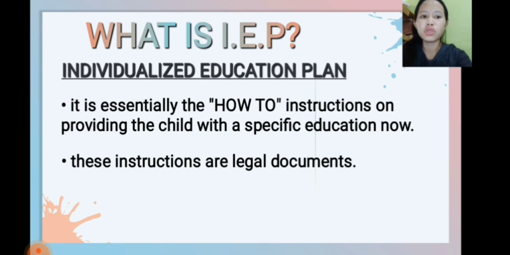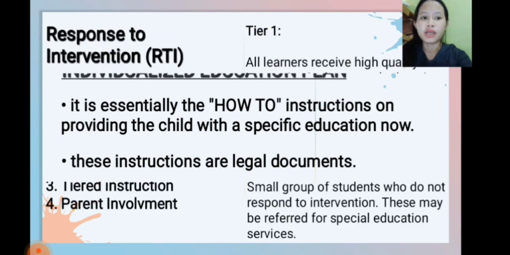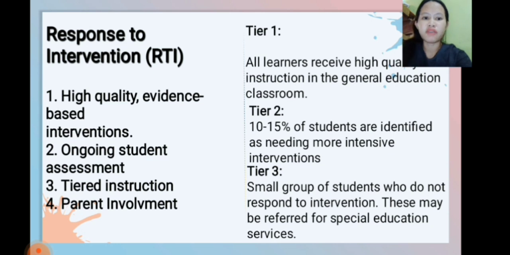Some schools use response to intervention, or what we call RTI. This is a systematic pre-referral process that helps teachers determine whether the learner is to be identified for referral for special education.